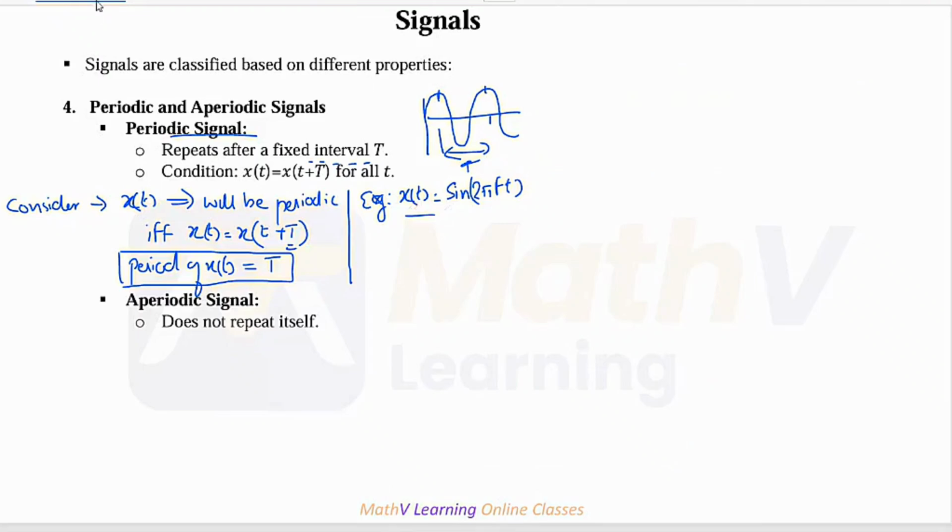And how to find the period of the signal? Here the signal has a frequency of f. In sin 2 pi f t or cos 2 pi f t, f is the frequency. So f is given as f equal to 1 by T. So 1 by the time period of the signal is the frequency of the signal.